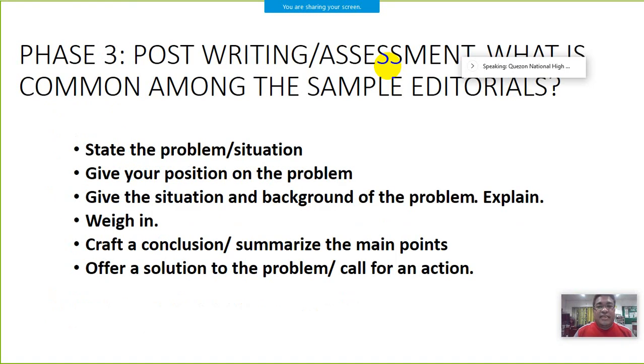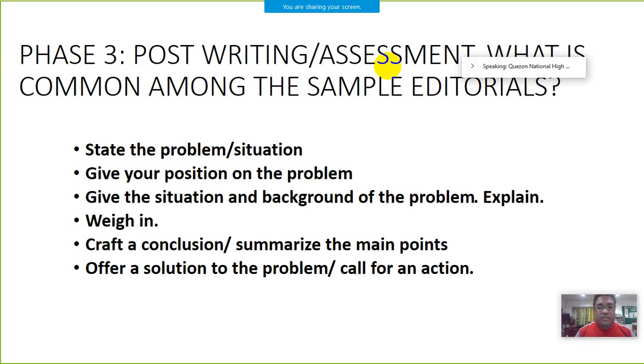Now, if we assess the sample editorials, they differ in approaches, they differ in formats. But what is common among those sample editorials? All of those editorials were able to state the problem or situation. All of those sample editorials were able to give position on the issue or the problem.